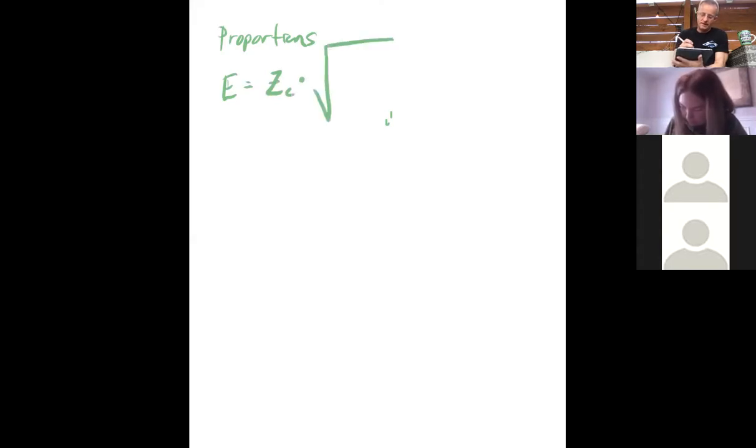Okay, so for proportions, the margin of error formula is my Z value for your given level of confidence multiplied by the square root of your sample proportion multiplied by its complement and then divided by n.